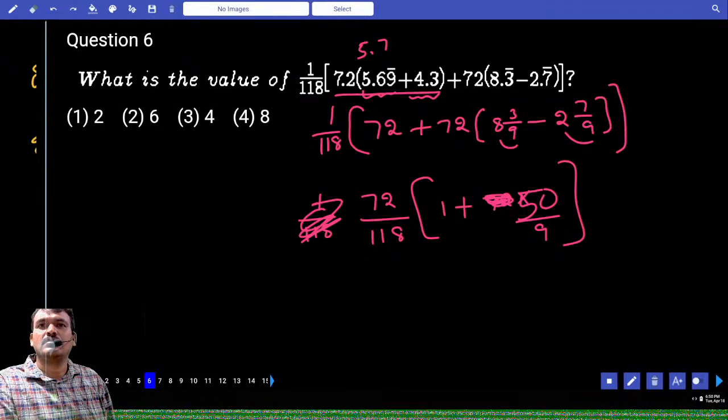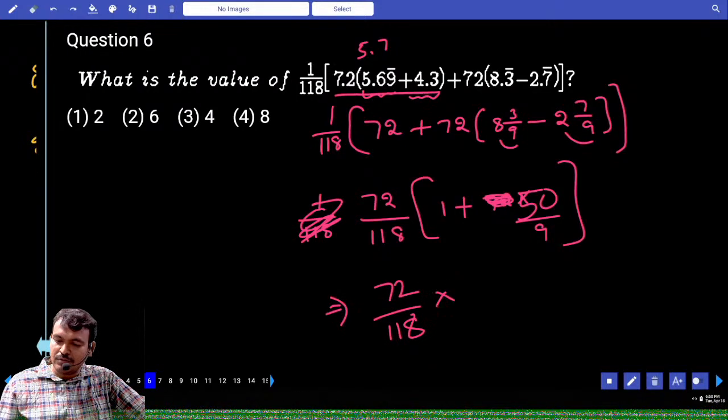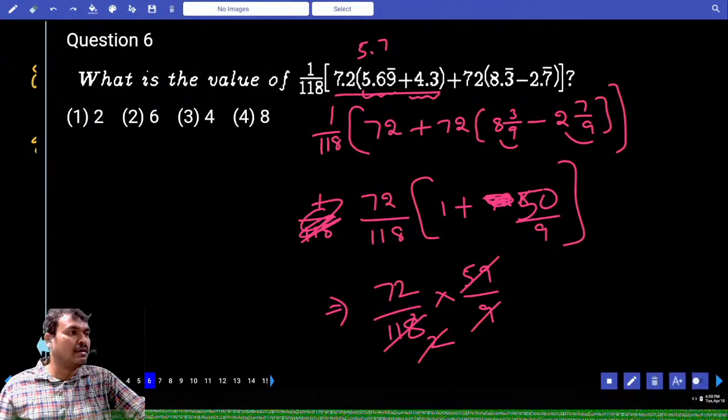What is the answer? 4. No confusion. 72 by 118 into 59 by 9. 59 how many times? 2 times. 2 9s are 18. 18 how many times? 4.